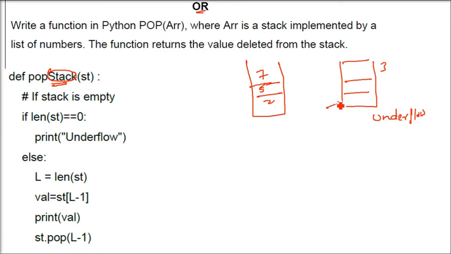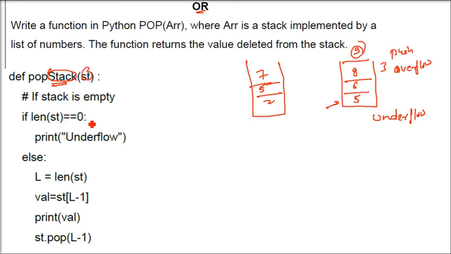For example, the size of this stack is 3. You pushed 5, 6 and 8 and you wanted to push 9 more. It will not be pushed because the size of this container is only 3. So in push, this condition is called overflow. There are two conditions: underflow will happen in pop, overflow will happen in push.